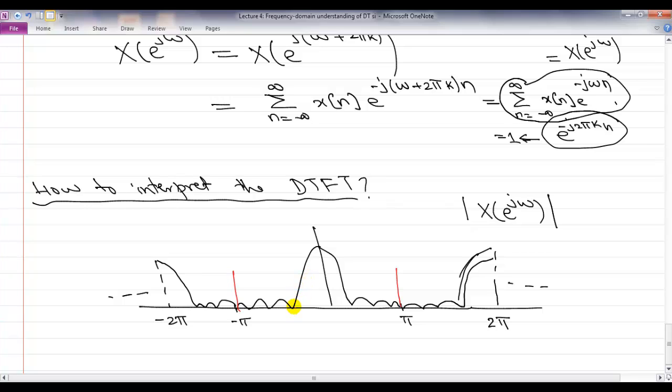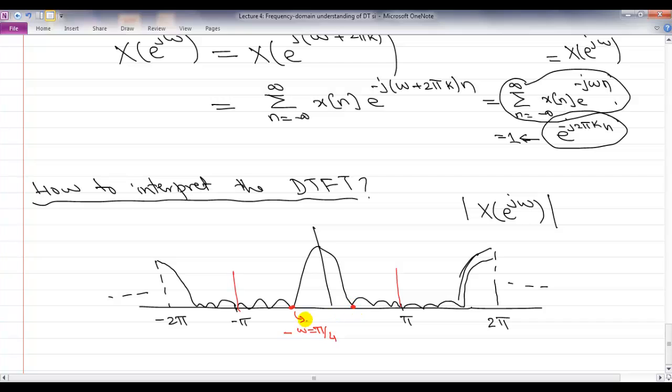So what is this amplitude plot telling us? It's saying that, for example, whatever was the value here, let's assume that the value here was pi by 4, and here minus pi by 4.